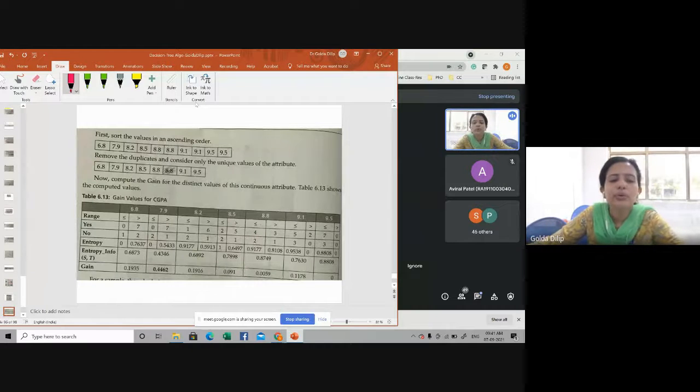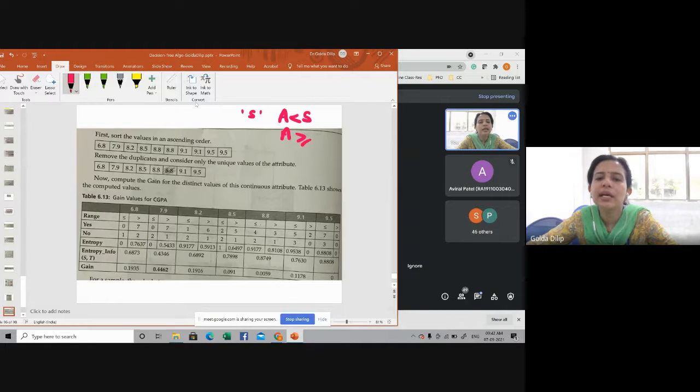You find a threshold value, or a best split point, say S, such that all the values of CGPA are categorized into two sets: one category having values A less than S, and the second category having values A greater than or equal to S.